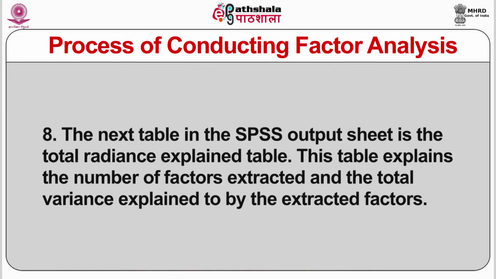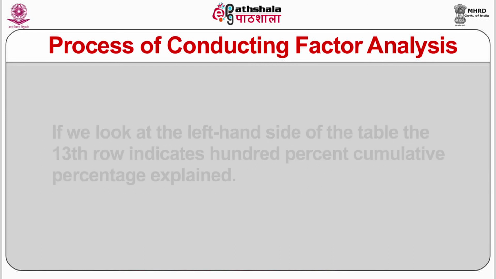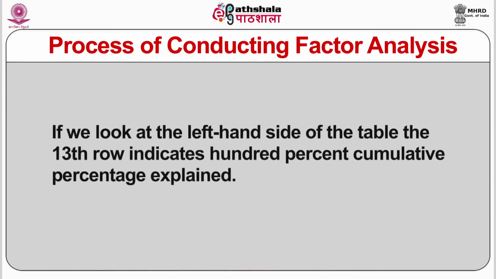Step 8. The next table in the SPSS output sheet is the total variance explained table. This table explains the number of factors extracted and the total variance explained by the extracted factors. If we look at the left hand side of the table, the 13th row indicates 100% cumulative percentage explained.